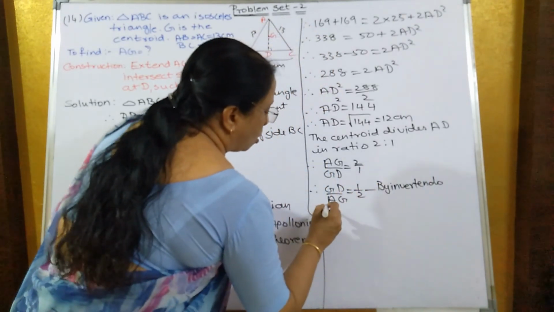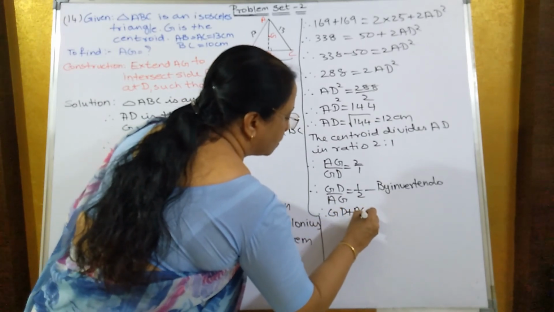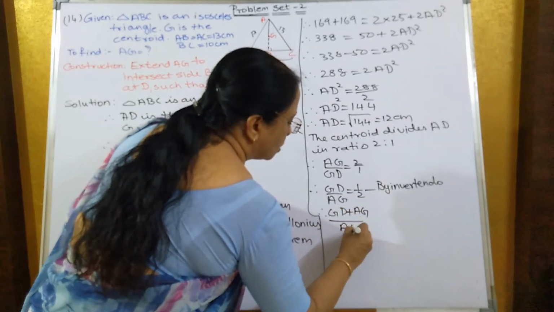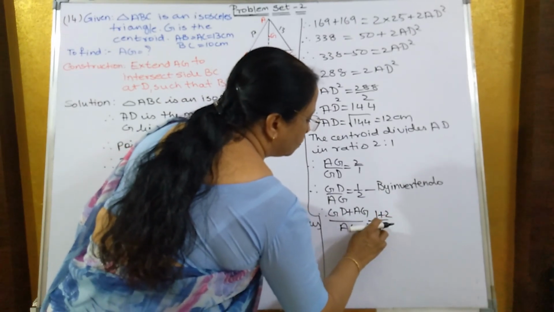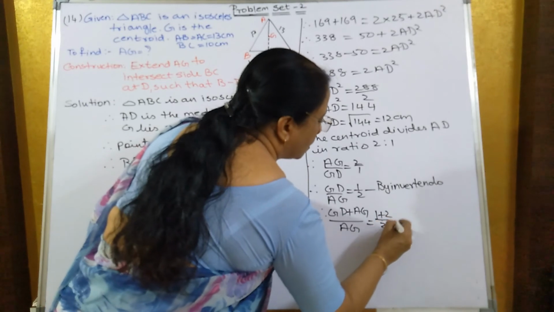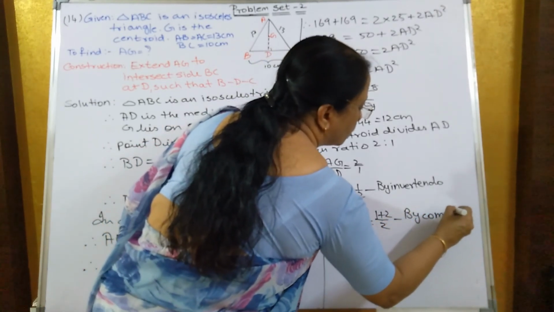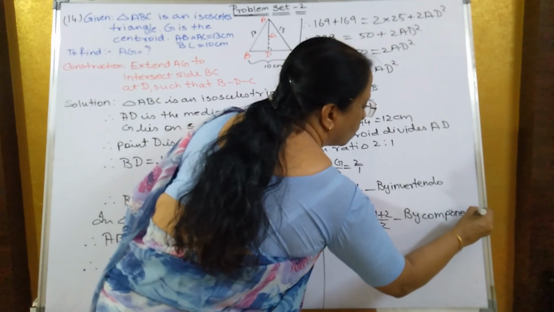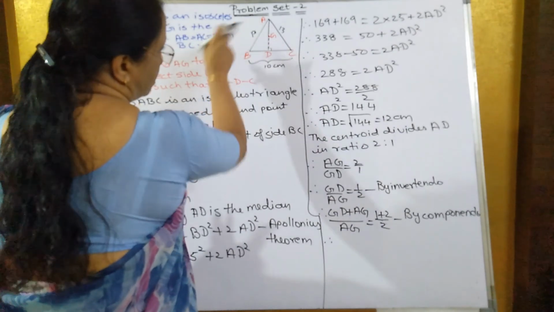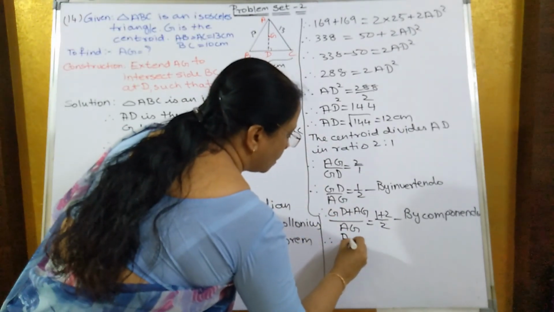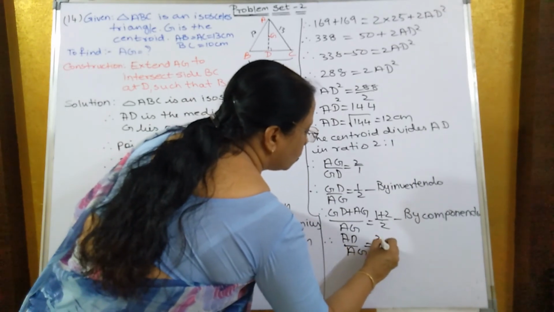Now do componendo, therefore GD plus AG upon AG is equal to 1 plus 2 by 2, by componendo. Therefore GD plus AG is how much? GD plus AG is AD. So AD upon AG is equal to 3/2.